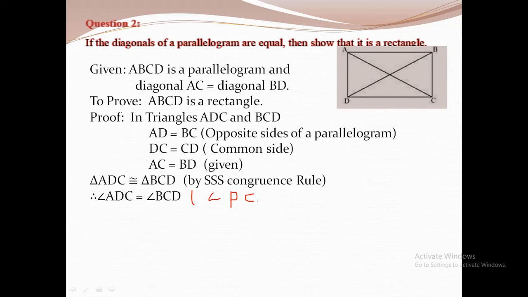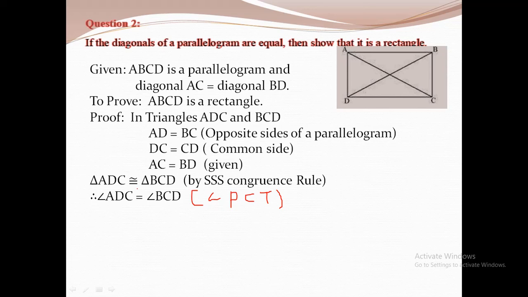I am moving the mouse and writing, children. It is very difficult to write like this. So this is the sentence we have. This is the reason why these two are equal. CPCT: when corresponding two triangles are congruent, corresponding parts are equal. Therefore, these two angles are equal.